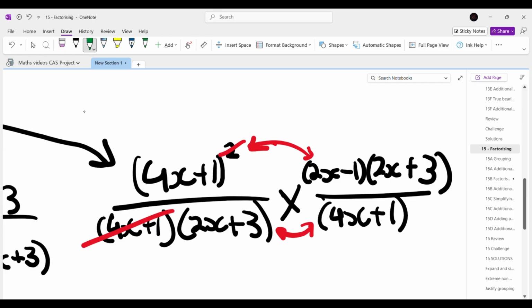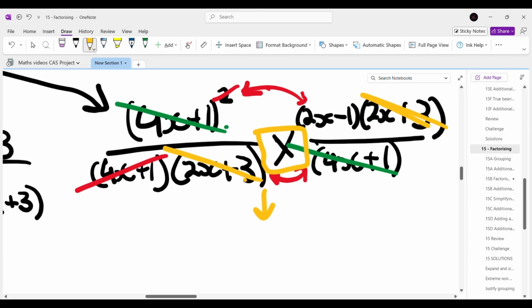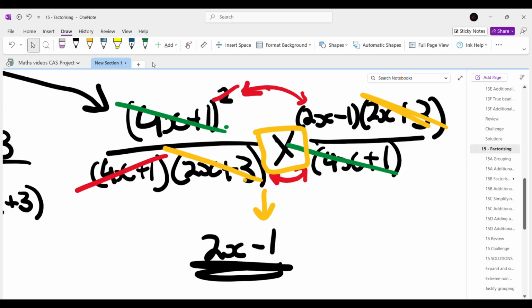So we can just cancel these out, and same for this one. It's going to be in the numerator, it's going to be in the denominator over here. So we can also just cancel these ones out. And we can do this across fractions as long as there's a multiplication sign in the middle, right? And so what we're left with at the end of this is our final solution, which is going to be 2x minus 1. This is our simplification of this equation, right?